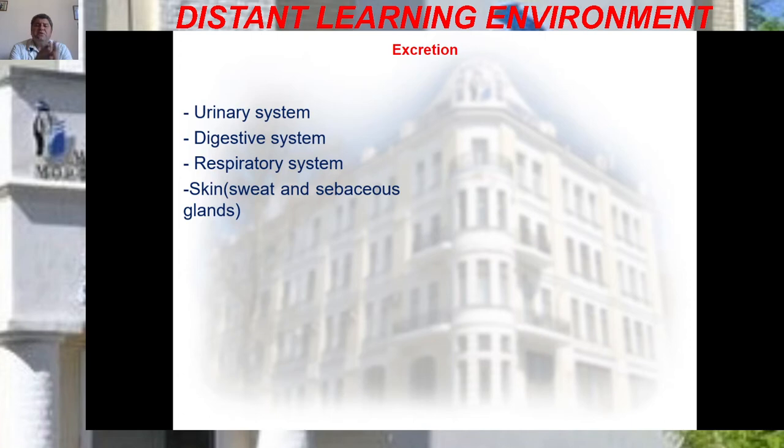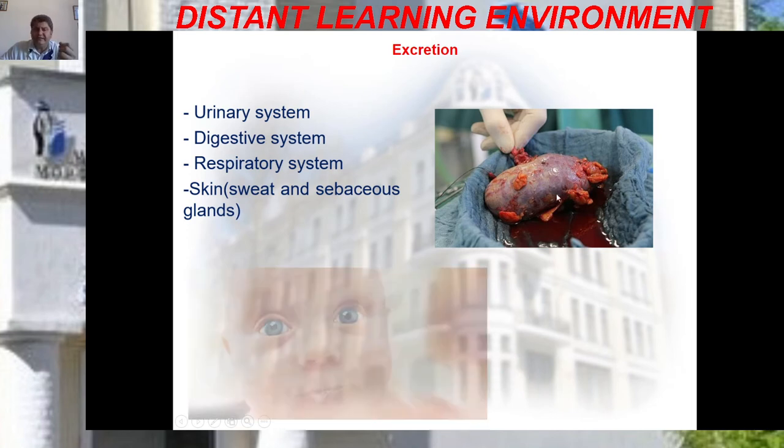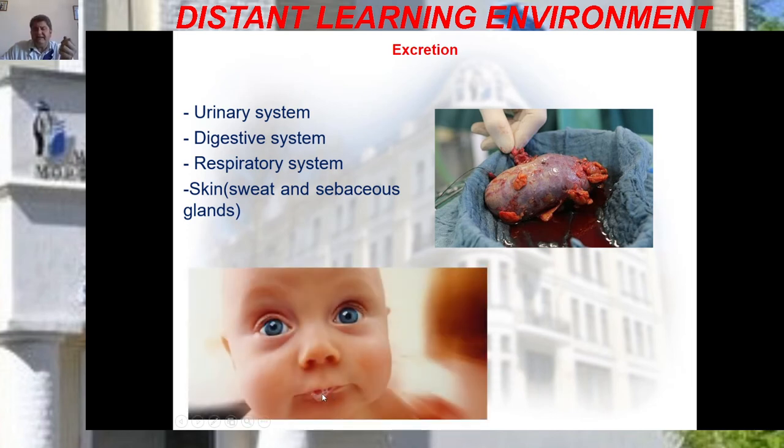Also the sweat and sebaceous glands in the skin, and you may see these organs of this system in the pictures. You may see the kidney is the main organ in the urinary system. Also you may see the saliva in the digestive system, and other glands in the digestive system which can excrete metabolites through the mucous layer in the digestive system.